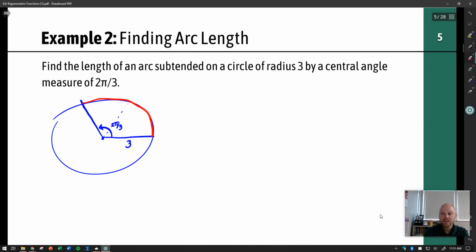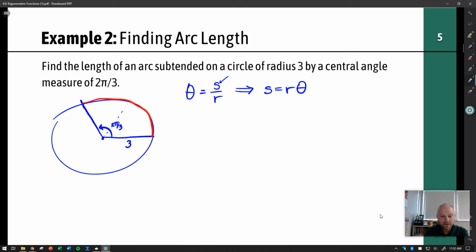Okay, perfect. So here's what we know from the previous slide, that this angle is S over R. In our case here, we may even want to rework this equation so that it's solved for S. That's what we're trying to find here, the length of the arc. So this would give us S is equal to R theta.